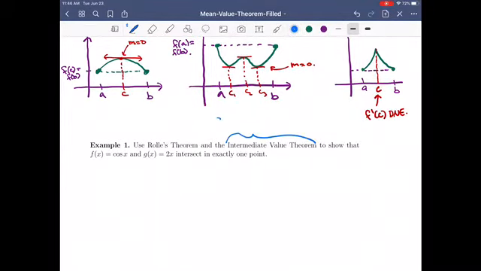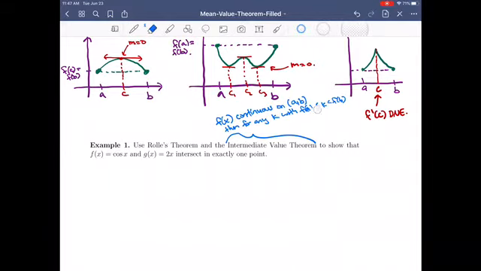So f of x continuous on a to b, then for any k value where k is between, I'm going to say f of a is smaller, so wherever k is between f of a and f of b.